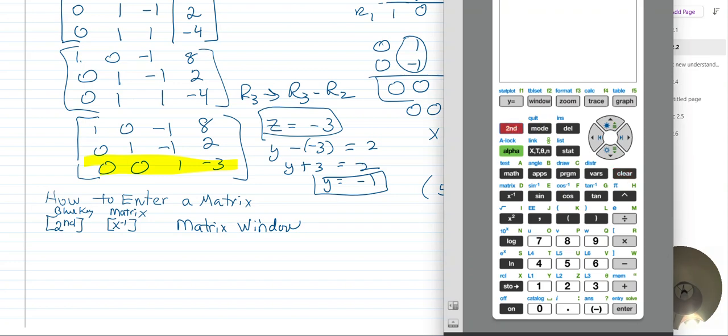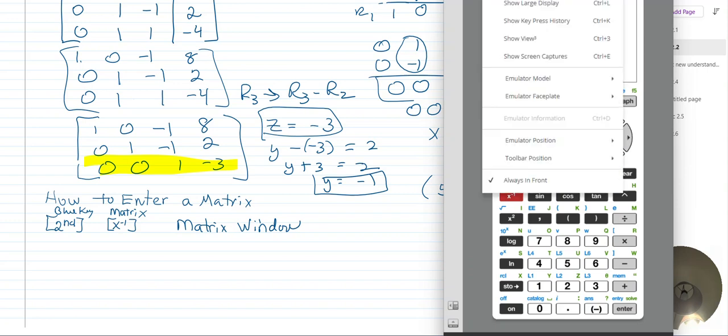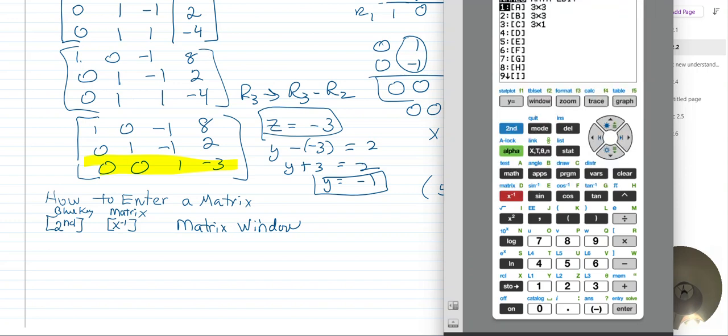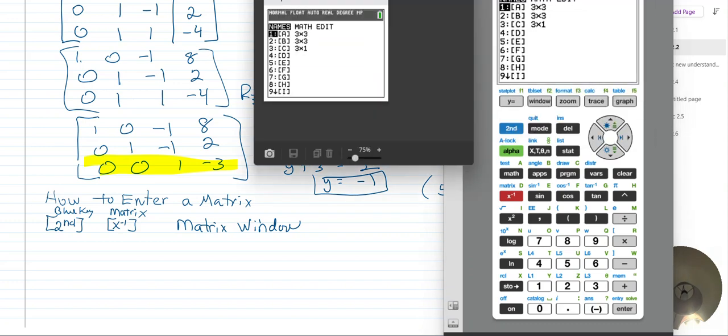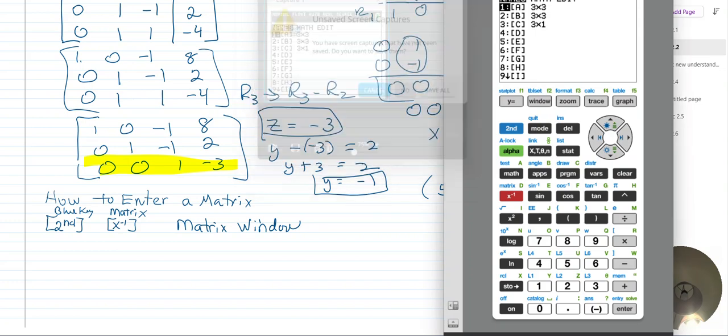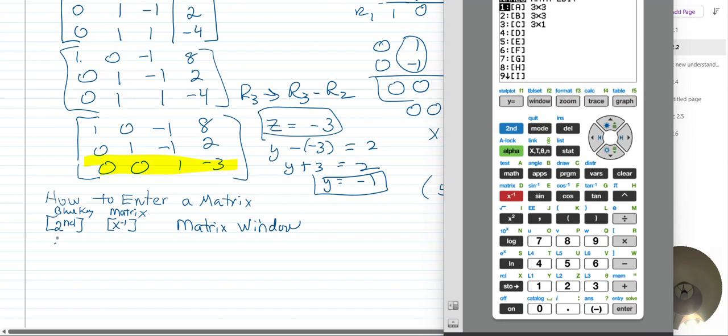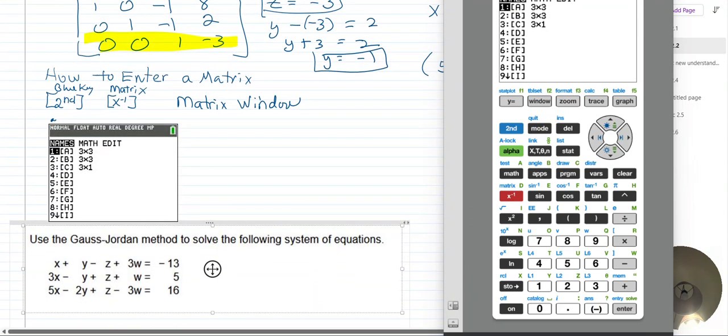Second matrix. So okay, there it is. This is a window. Okay.